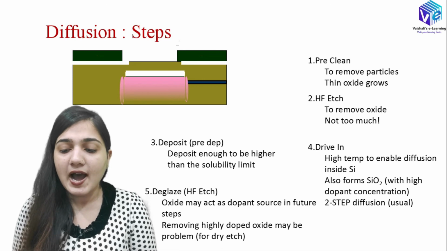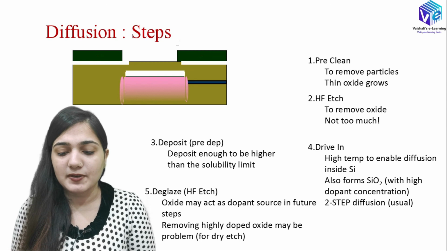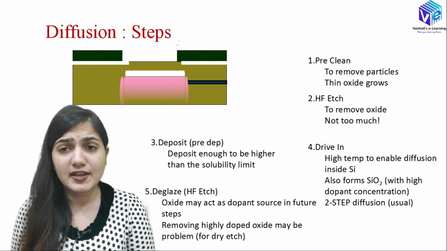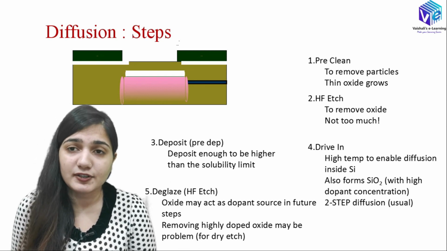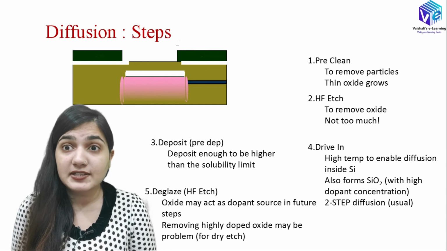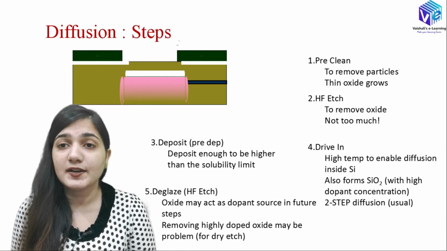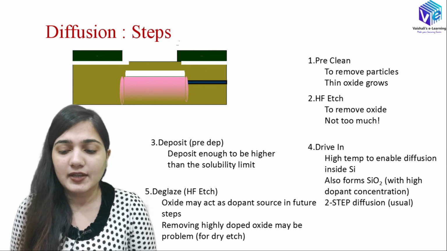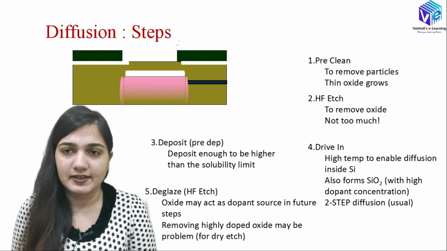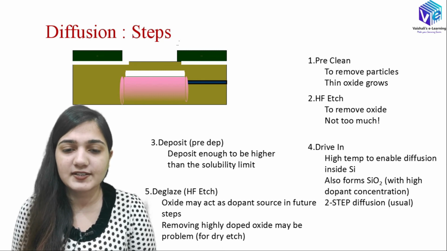Removing highly doped oxide may be a problem for dry etching purposes, so we can use some advanced methods for the etching. I hope you have seen the etching videos and you can understand how we can remove the highly doped oxide layers. So these are all of the steps.